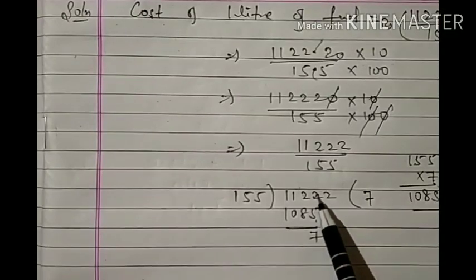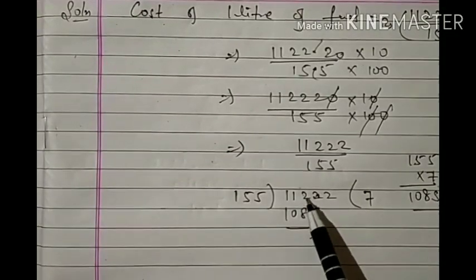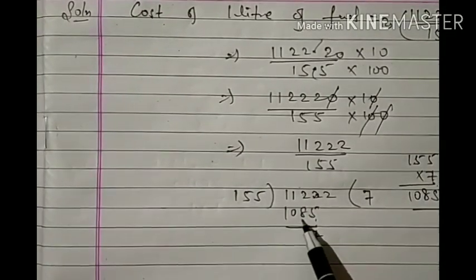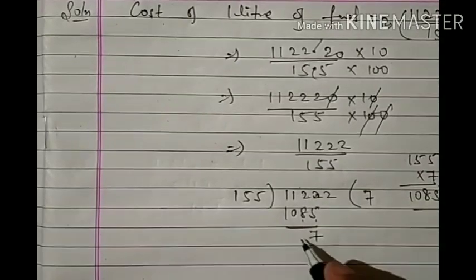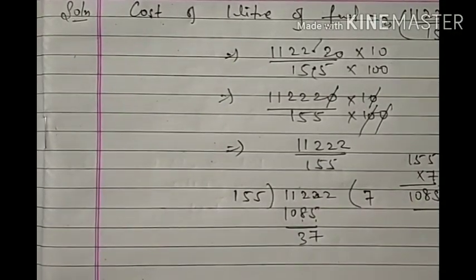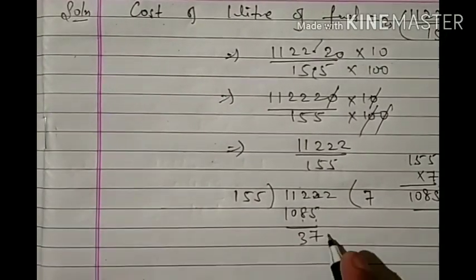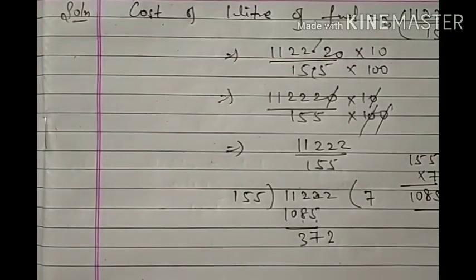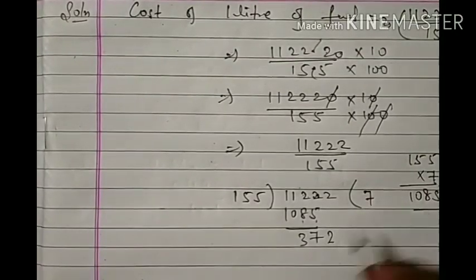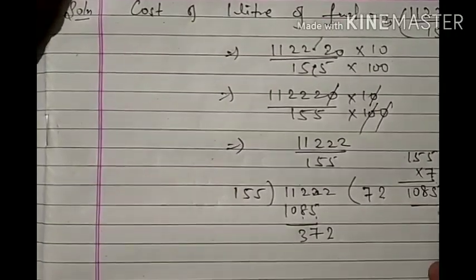When we give 1, we are left with 1. Will not subtract 8, will take on carry 1. 11 minus 8, we are left with 3. So what do we bring down? 2. 155 how many times? 2 times.